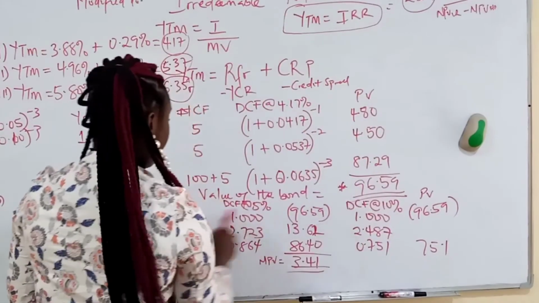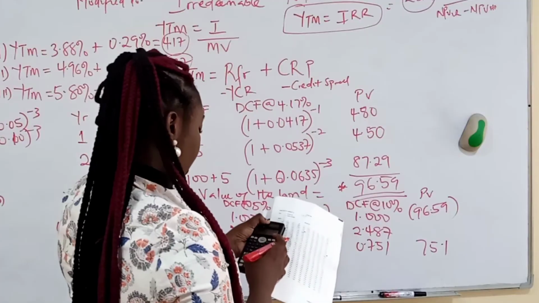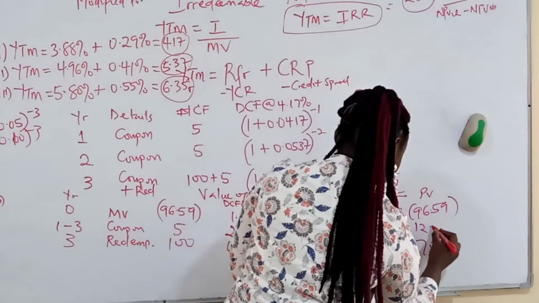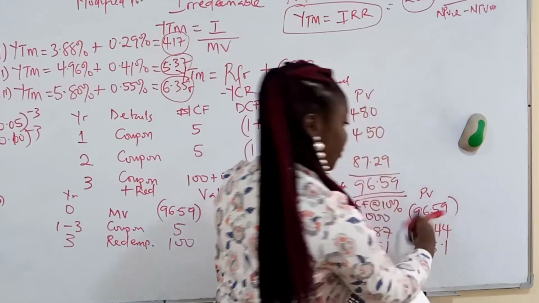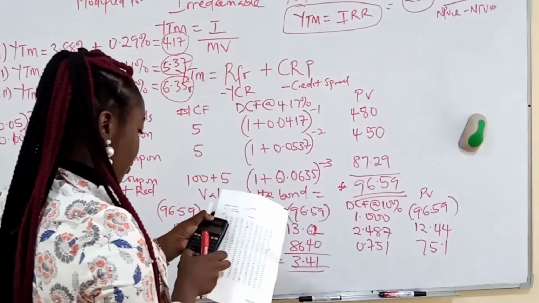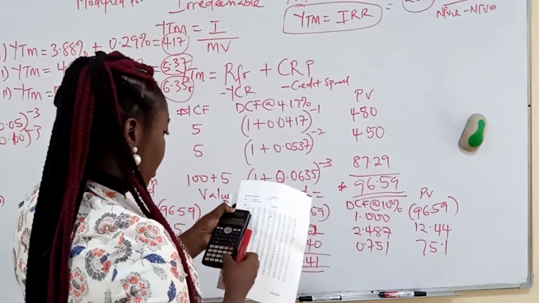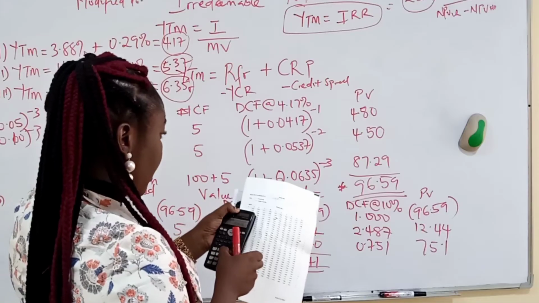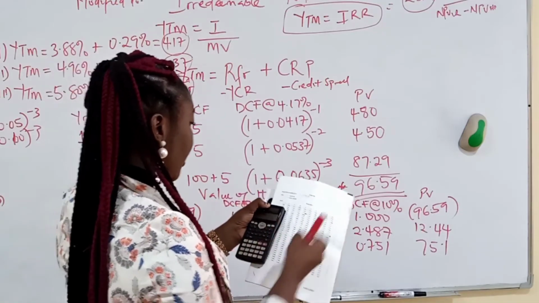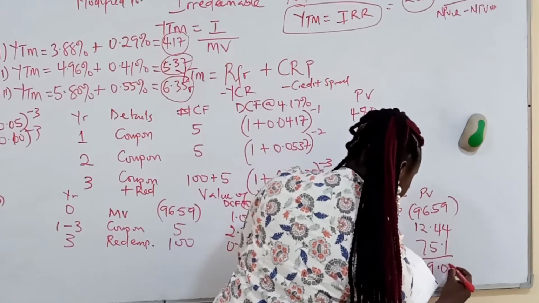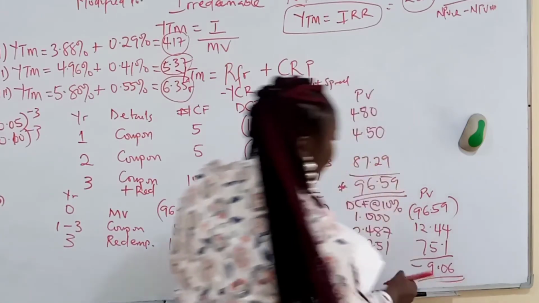Multiply this by 5, that is 2.487 times 5. So you have 12.44 instead of 15 naira, 5 times 3 years normally, but because you have discounted the present value to reduce. So 75.1 plus 12.44 minus 96.59. Now that gives you a negative of minus 9.06. So you have a negative NPV.